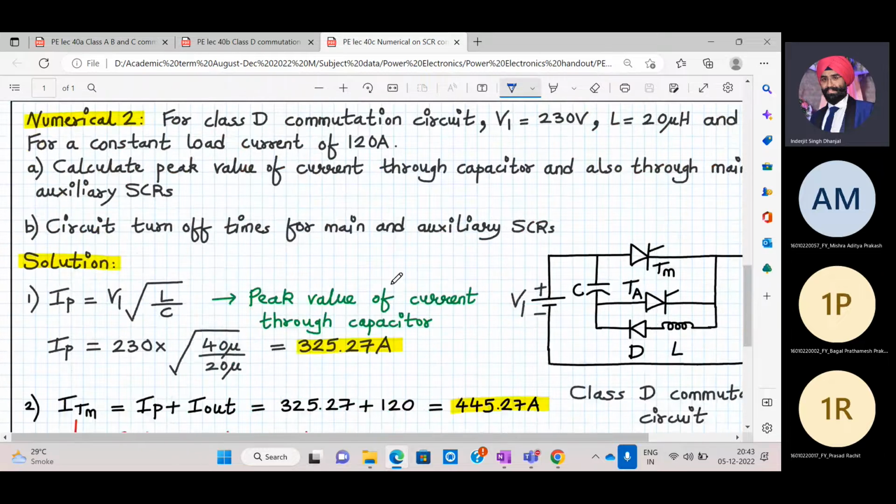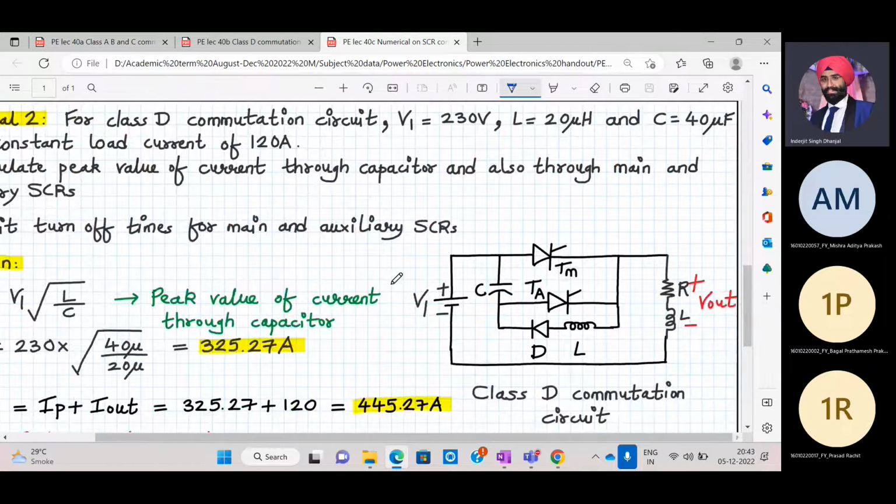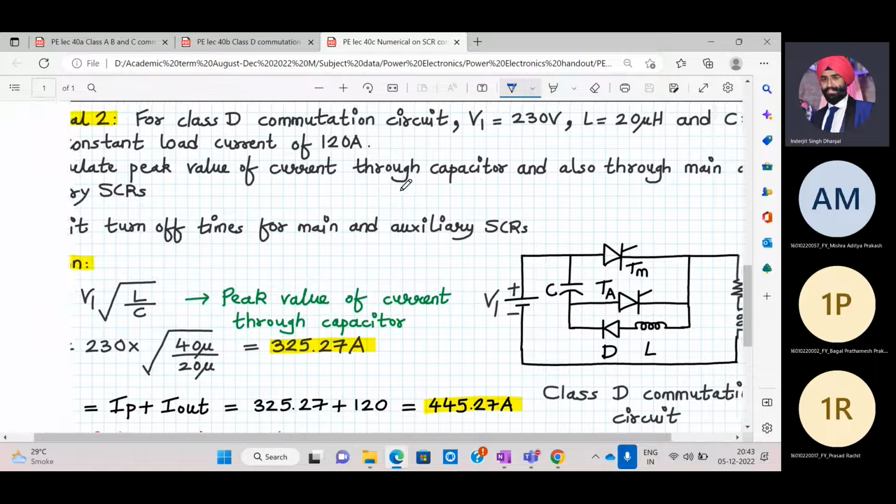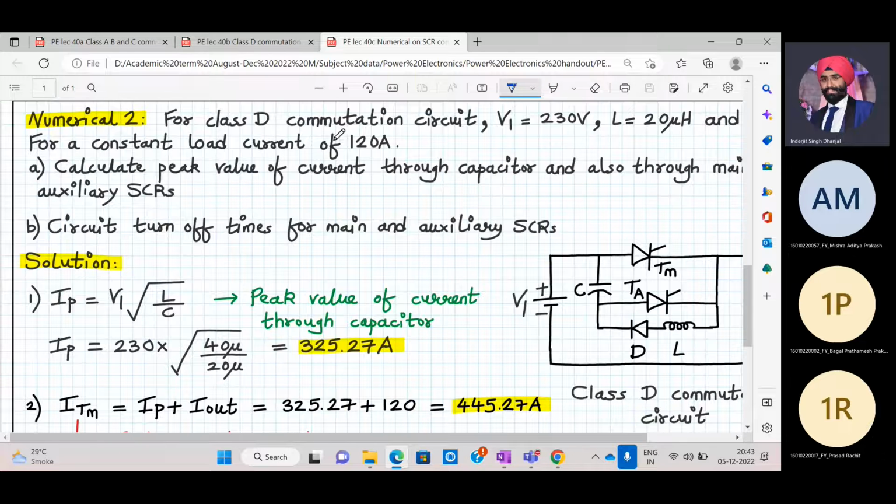Now numerical number 2. Again, we have a class D commutation circuit. V1 is given. Now we have an RL load. V1 is 230, L is 20 microhenry, C is 40 microfarad for a constant load current of 120 amperes.